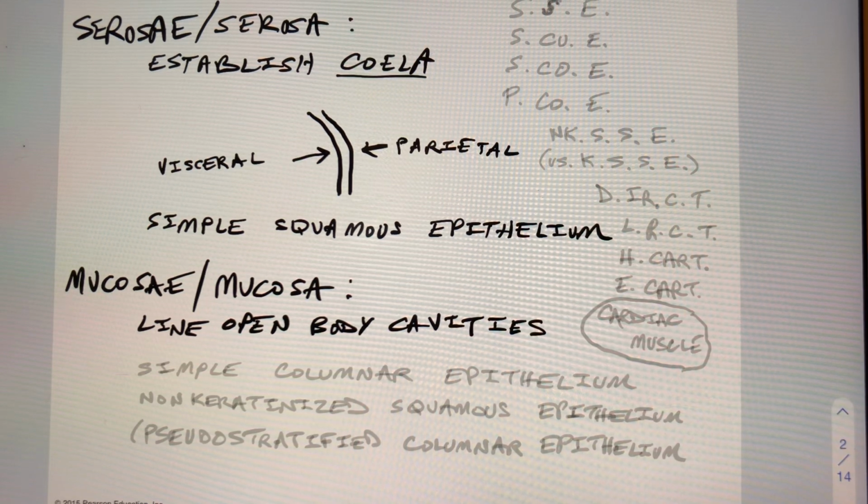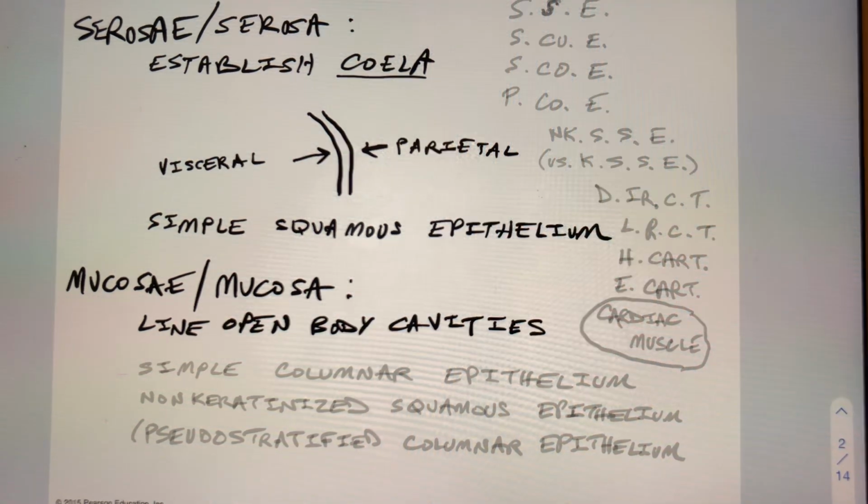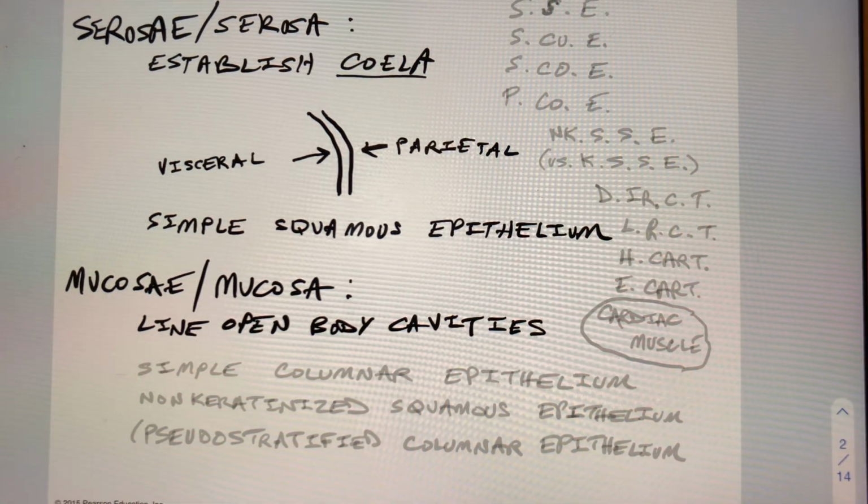Well, mucosae are made out of different types of epithelia, depending on where they are and what we need them to do.